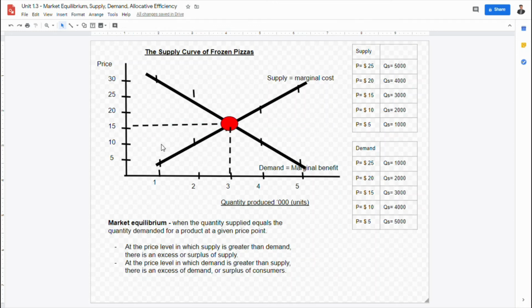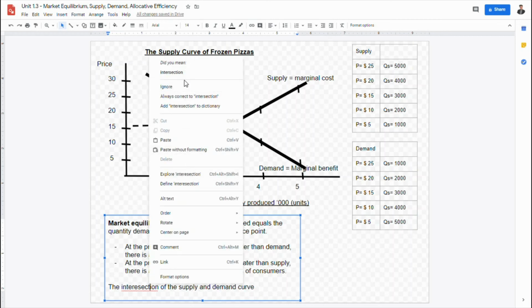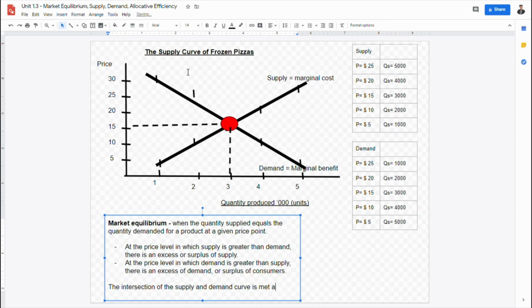So these two dotted lines right here show how you could read the market equilibrium price and quantity. In this instance, the intersection of the supply and demand curve is met at the price of $15, and the quantity of 3.